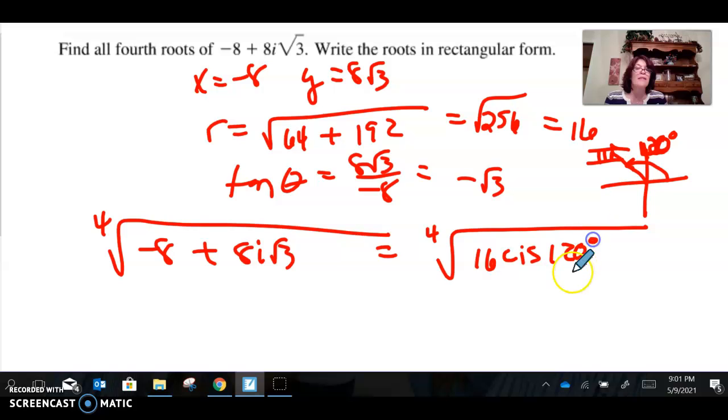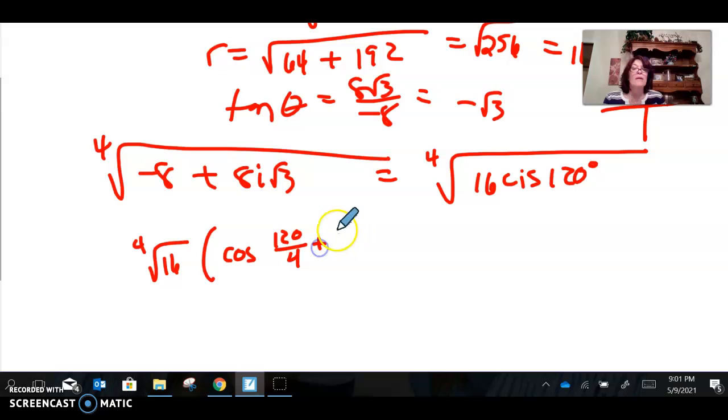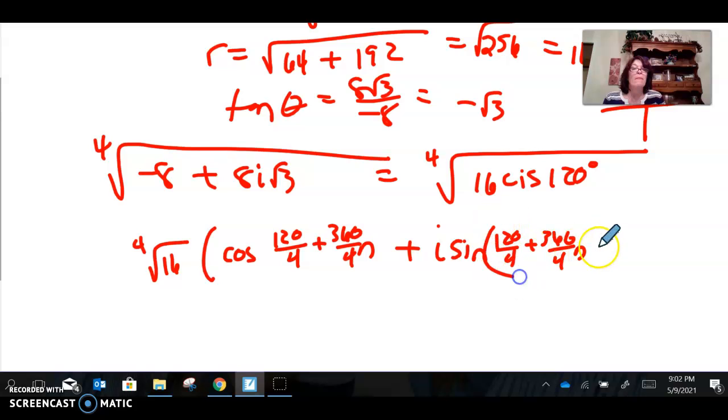So I take the fourth root of 16, and I take cosine of 120 over 4 plus 360 over 4 times n, plus i times the sine of 120 over 4 plus 360 over 4 times n.